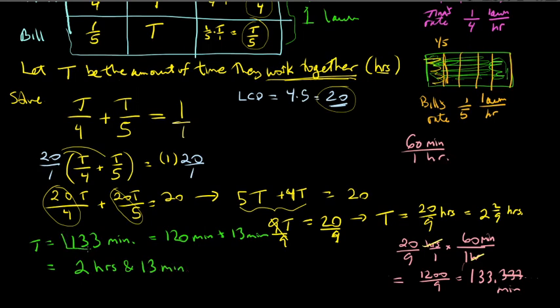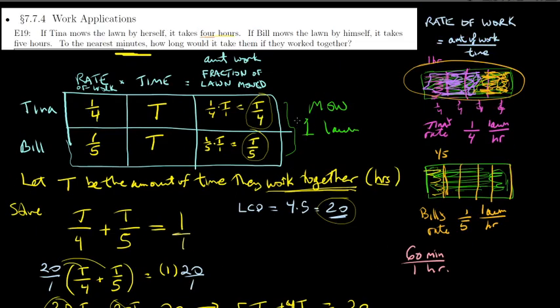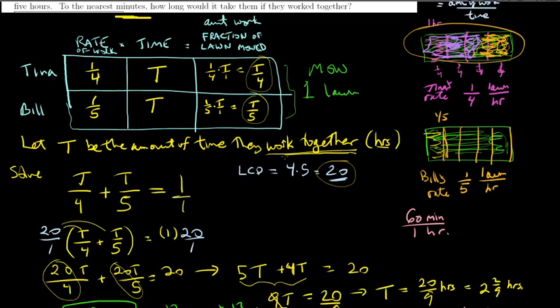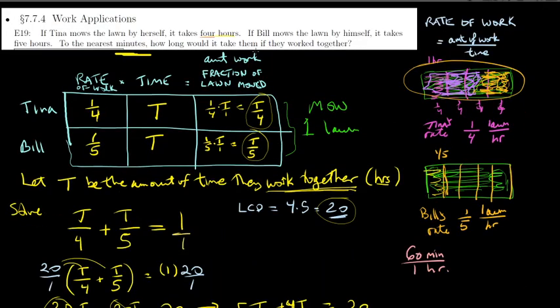I'm not picky about that: either 133 minutes or 2 hours and 13 minutes. That should answer the question. That's how long it takes for them to work together, which should make sense here.